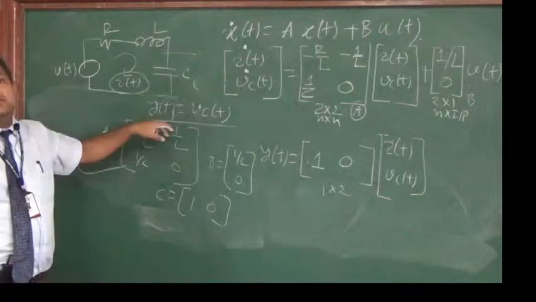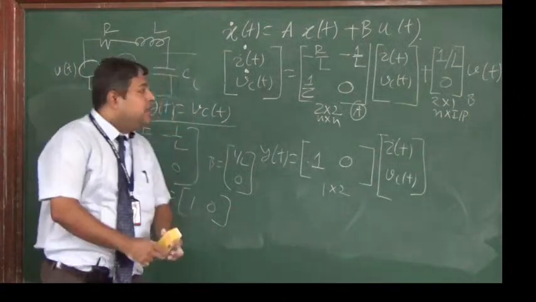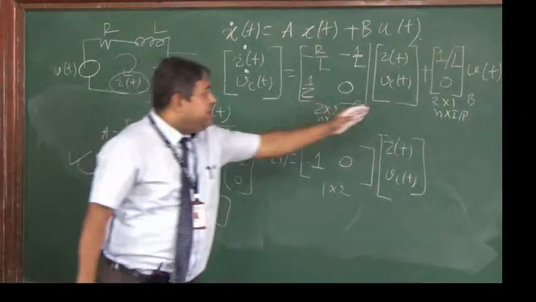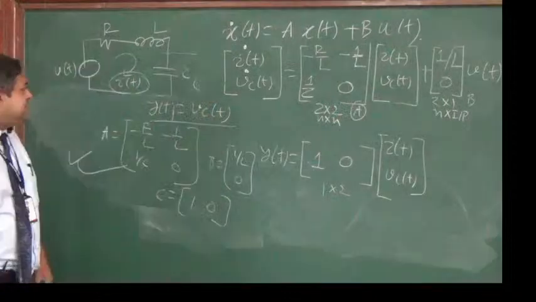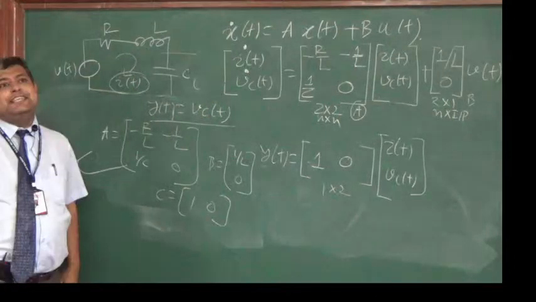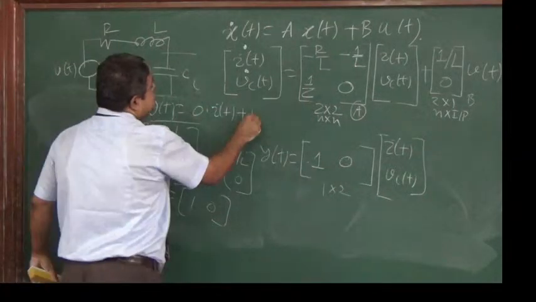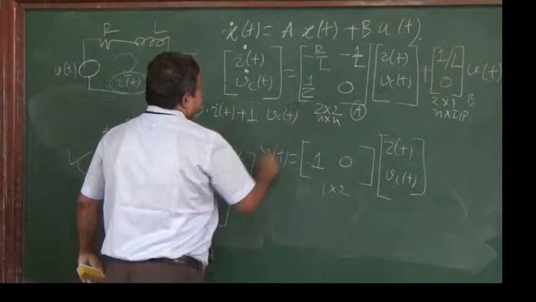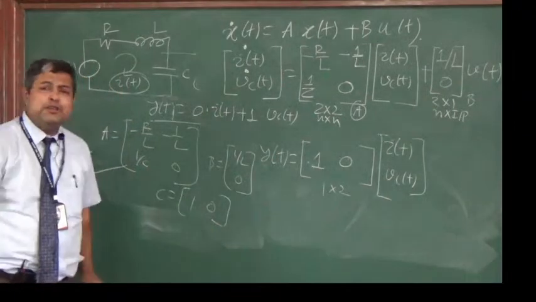So defining i(t) as one state variable and Vc(t) as another state variable, the A matrix will not have any change. Where will the change come? Just check that Y(t) is equal to Vc(t), or I can write this equation as Y(t) is equal to 0 or 1 of Vc(t), and there is no V(t) here, there is no input here. So this is just a representation issue.